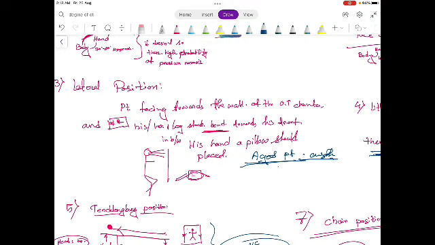And in a couple of OTs, if there is a fracture of the upper arm, the humerus, then we have to fix it with a plate.